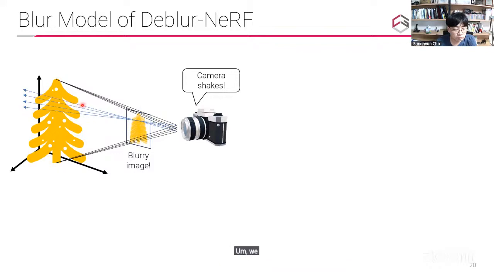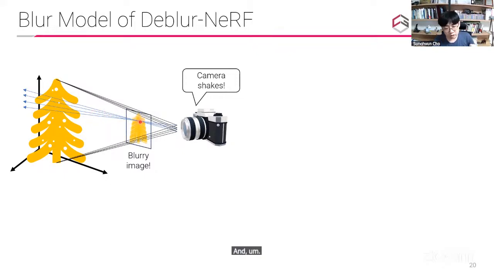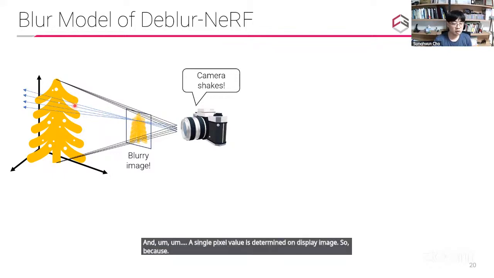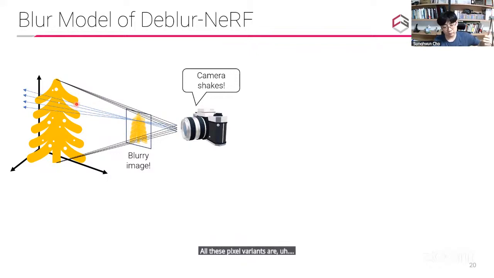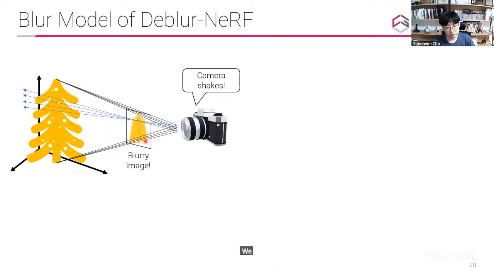The colors from these multiple rays are averaged together, and a single pixel value is determined on this blurry image. Because all these pixel values at different locations are aggregated together, we have this blurry image.